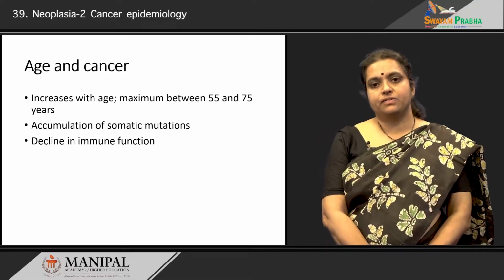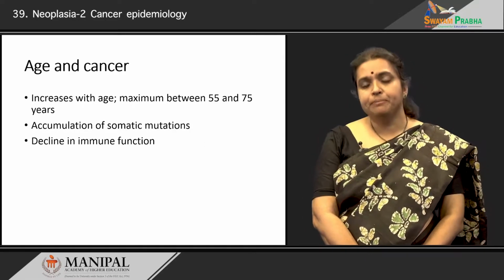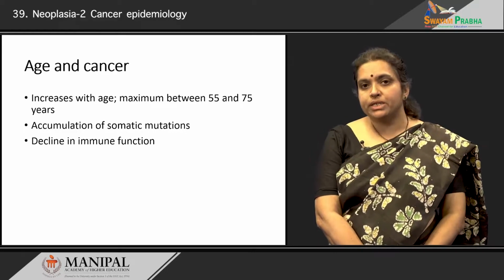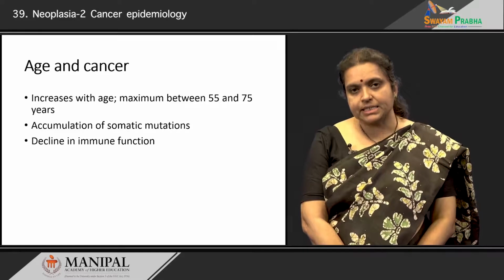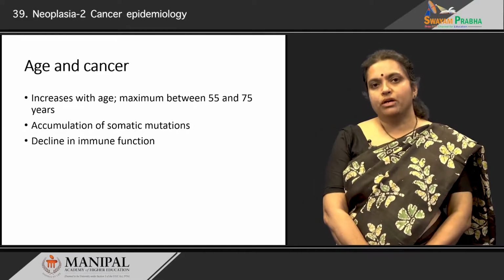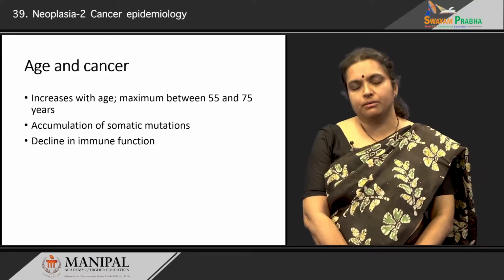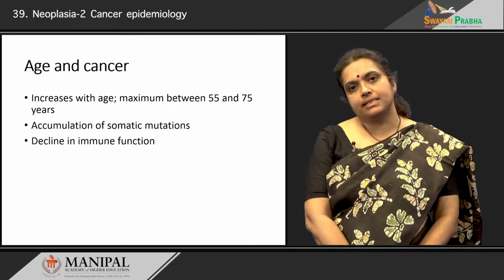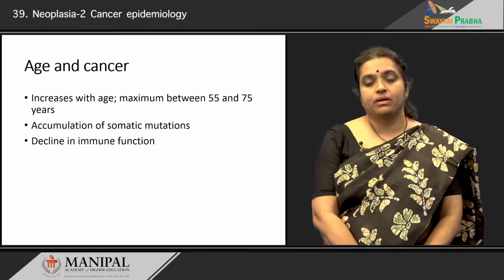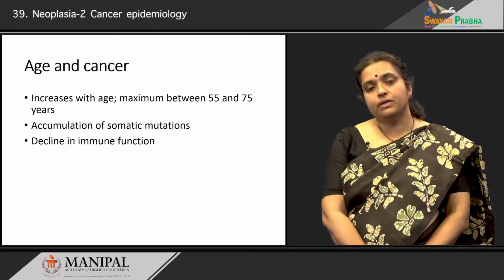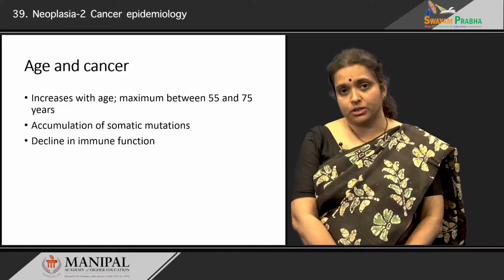Now, this is quite understandable because, as we will learn later, the acquisition of mutations is what causes cancer, and as a person ages, you can expect that more and more mutations could accumulate in the cells, and that could lead to cancerous growth. And of course, with age you also have a decline in immune function.